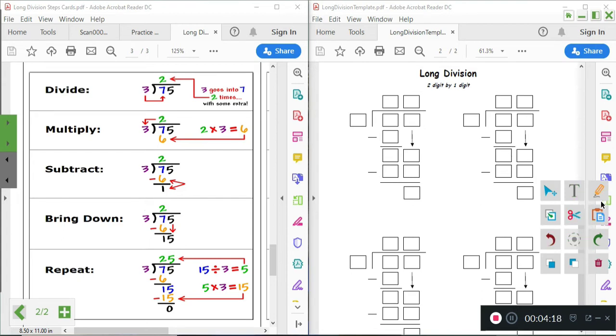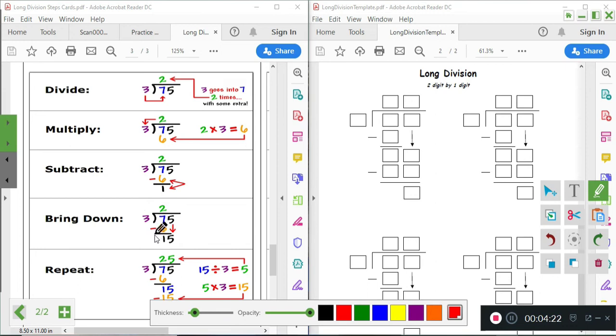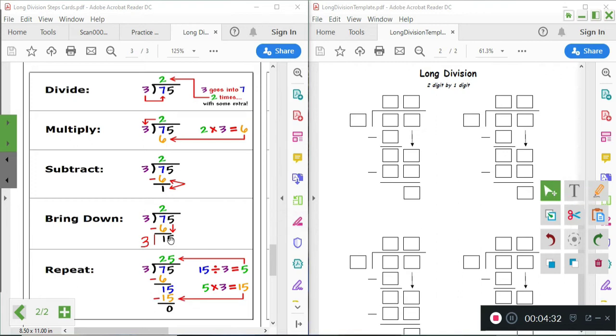All right, so then I ask myself, this becomes my new little dividend, for lack of a better word. I could even put the line right here and put my 3 right here. So I know that I'm still dividing by 3, but now I'm dividing the 15, what I had left over. So remember, 70 minus 60 leaves me with 10, and I brought down the 5. 3 goes into 15.